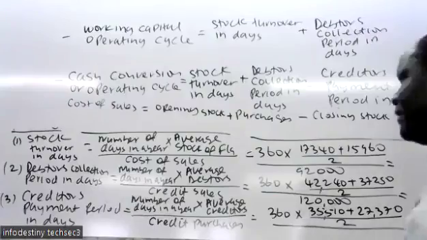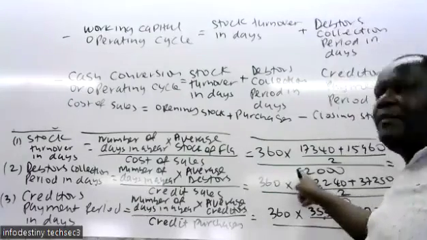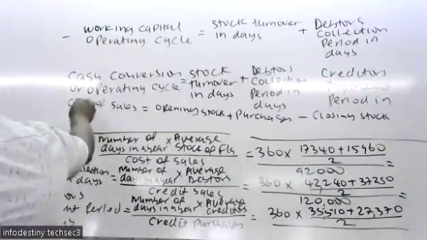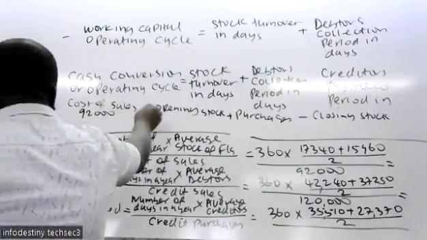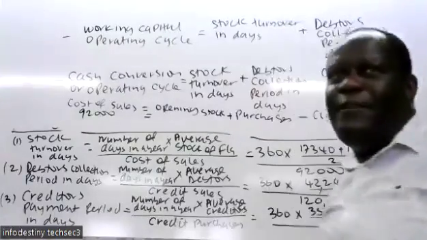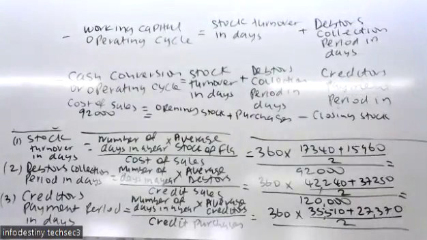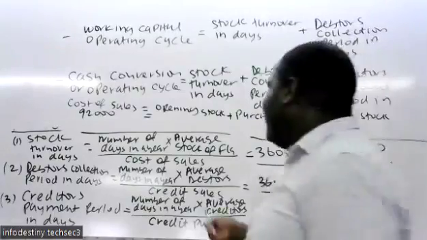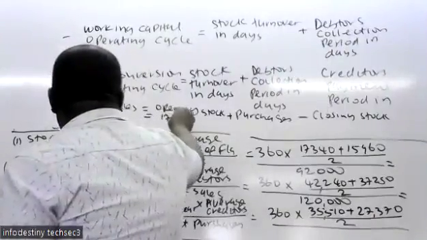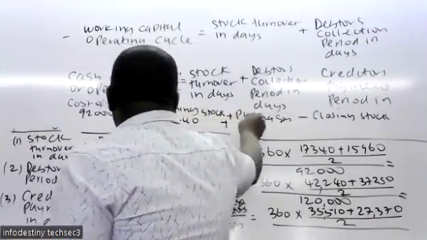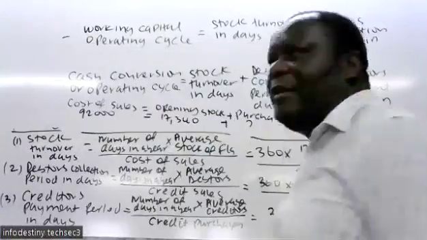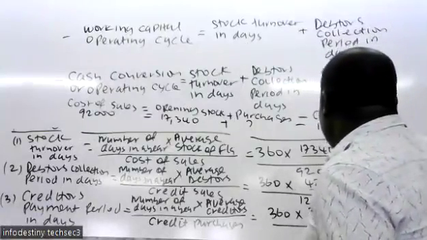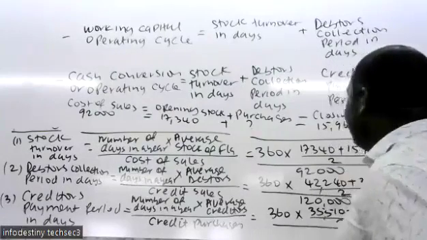So cost of sales, you remember, was 92,000. The opening stock of the finished goods or inventory was 17,340. Then add purchases, make it a question mark, then subtract 15,960.